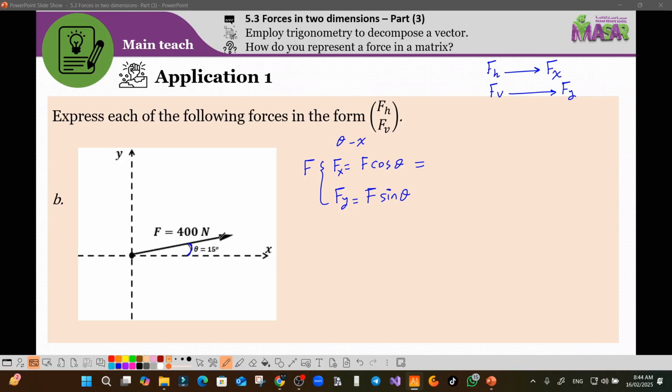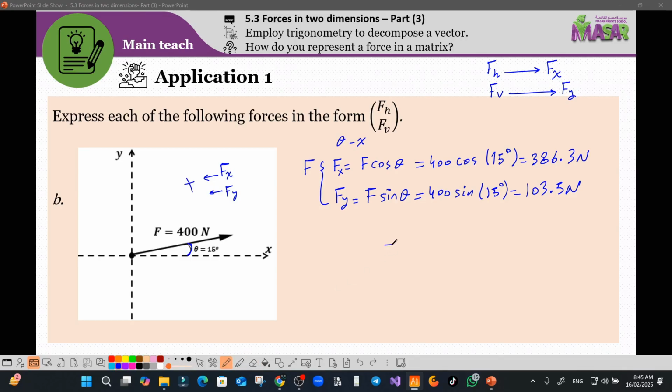Now we can see here that this force is in the first quadrant, which means Fx and Fy both are positive. Now the magnitude of Fx is 400 multiplied by the cosine of 15, and the answer is 386.3 Newton. For Fy it is 400 sine 15 degrees, and the answer is 103.5 Newton.